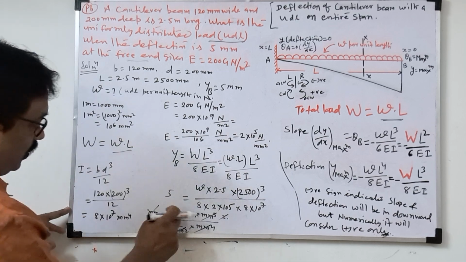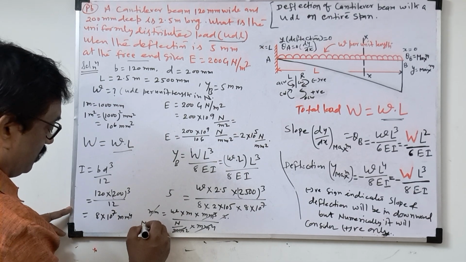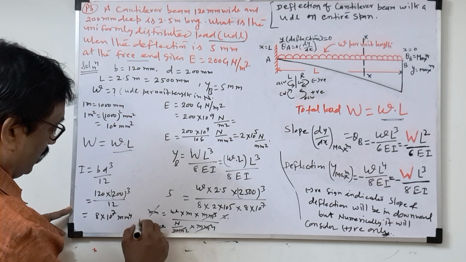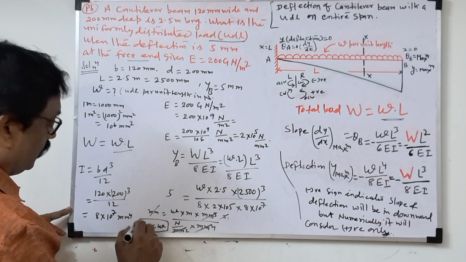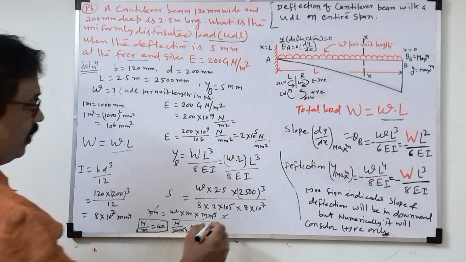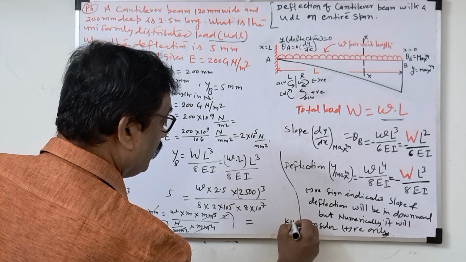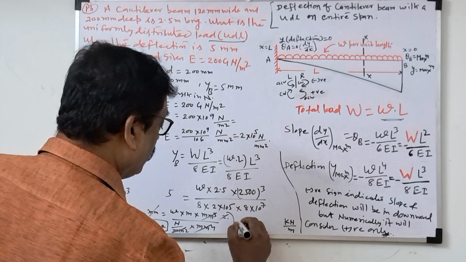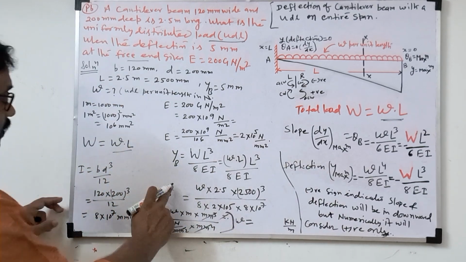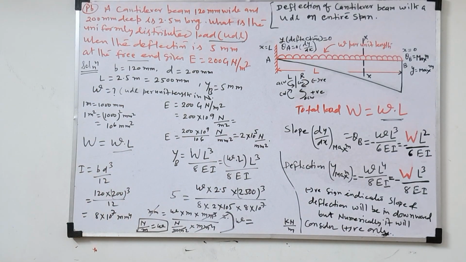So what is the unit of w? Newton will come this side, meter will come this side. Once we calculate this, a big value will come, so the value will be in kilonewton per meter.